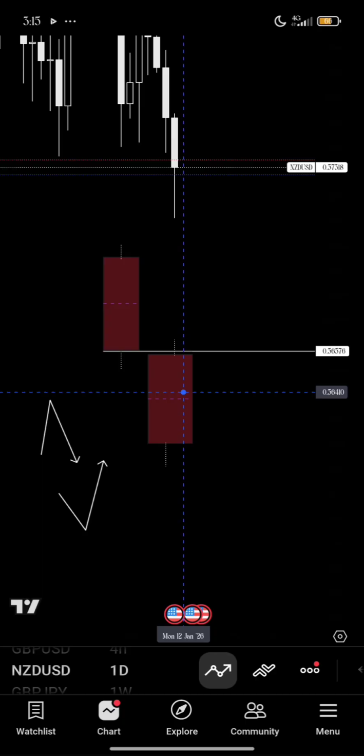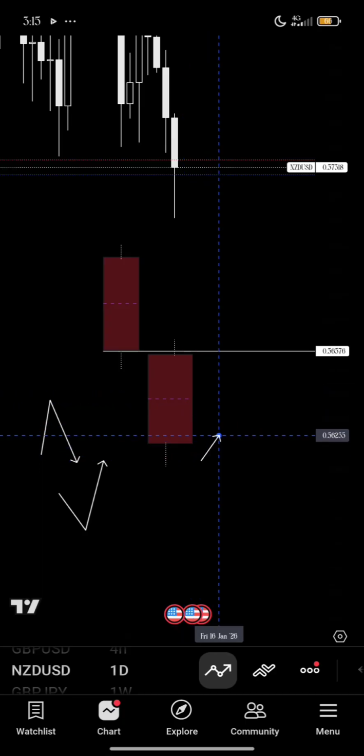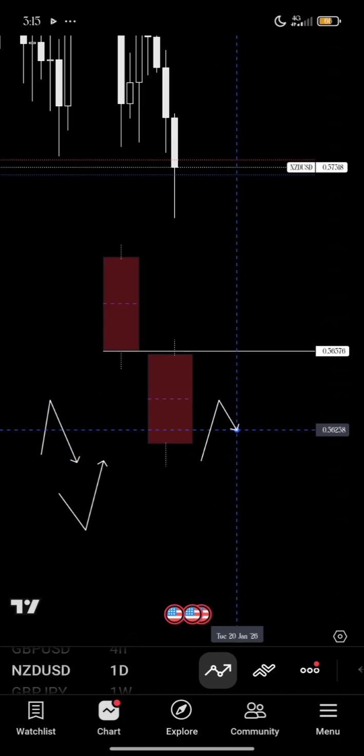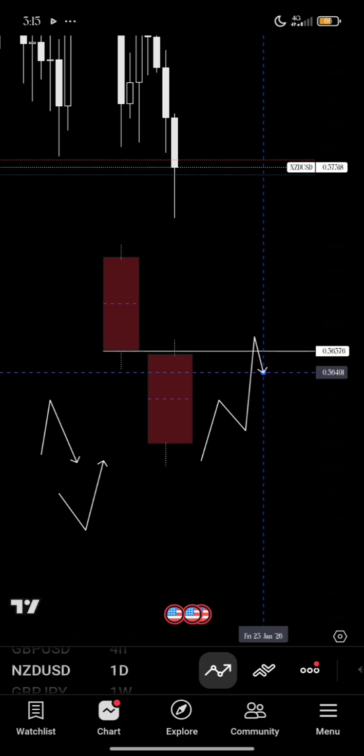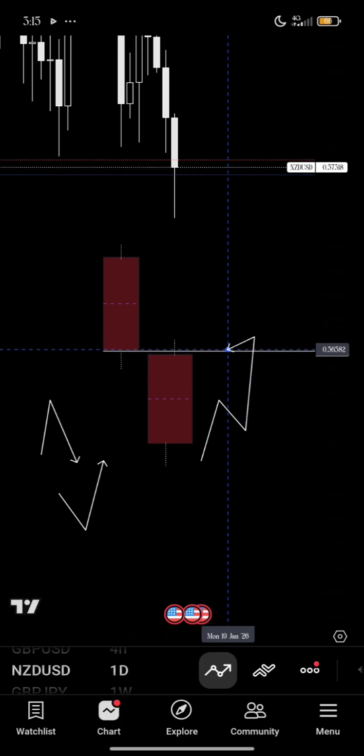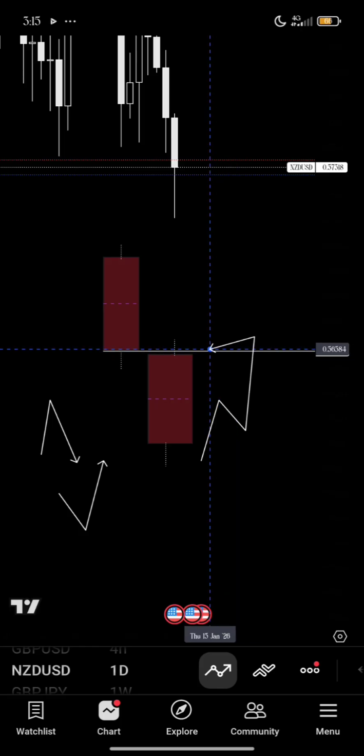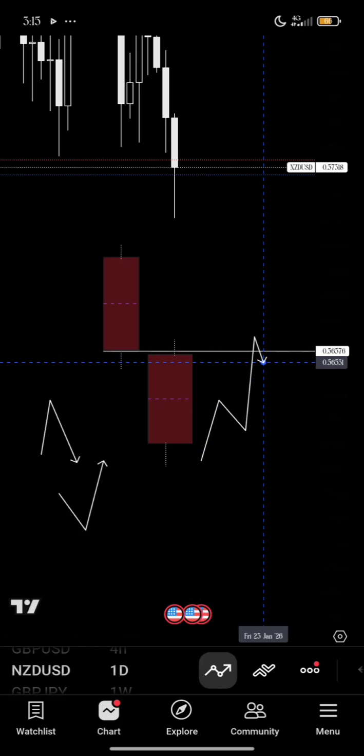Let me give you an example. Let's say price goes up and taps into this zone. Since we've seen that here is an open close level, in order for us to know that this is valid, we need to wait for price to tap into this zone and close below it with a rejection.